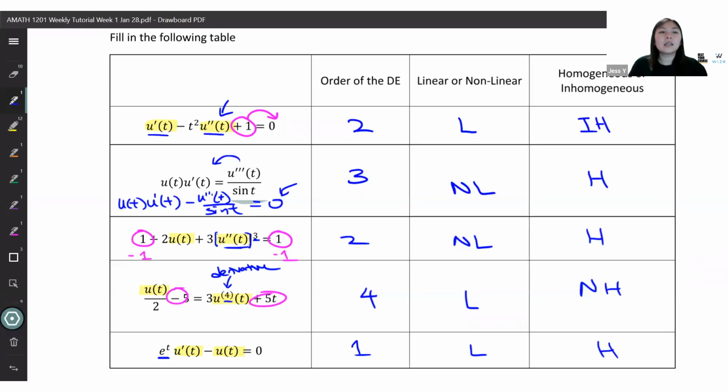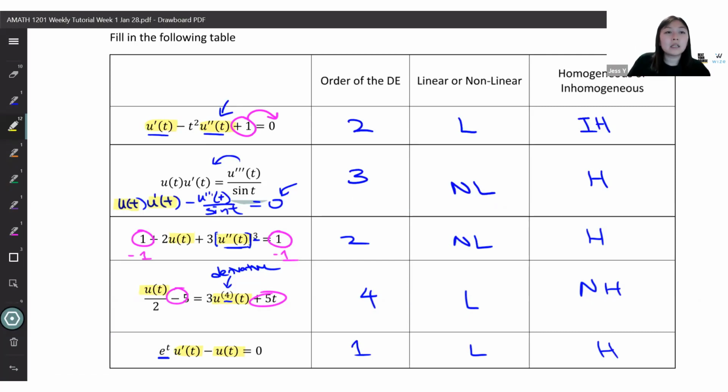But it's non-linear because think of your variables. We no longer just have y as our dependent variable. Our dependent variables are y plus all of its derivatives. So in this case, u and all of the derivatives. So I have 2 dependent variables, which are u and u prime, multiplied together. That's why it's non-linear.